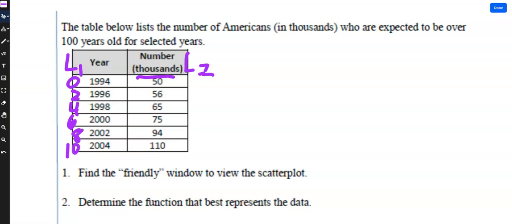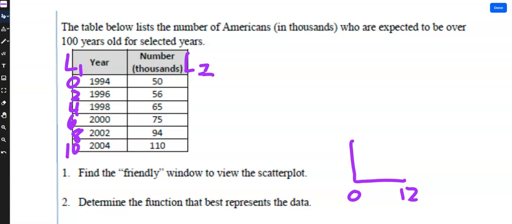Okay, and then of course, even on question 1 here, if you are making your window for your friendly window to a scatter plot, I might do like 0 to 12. That way 10 is already on the screen. It's easy to see. Now we might have to expand this.